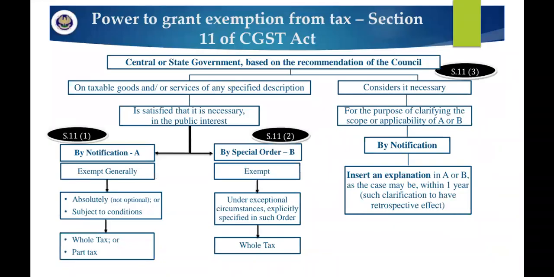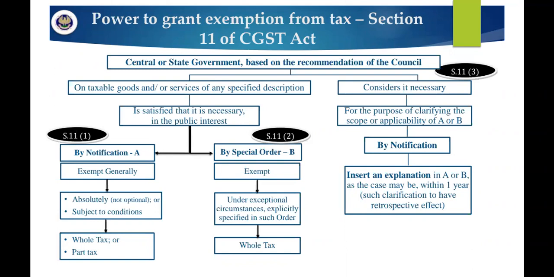Now, what is the power to grant exemption from tax, which is said in section 11 of the CGST Act of 2017? The power to grant exemption from tax is said in section 11 of the CGST Act of 2017.